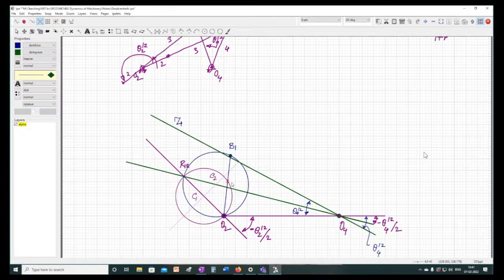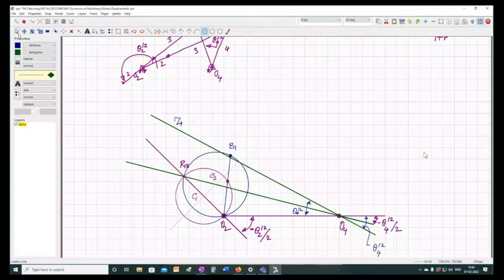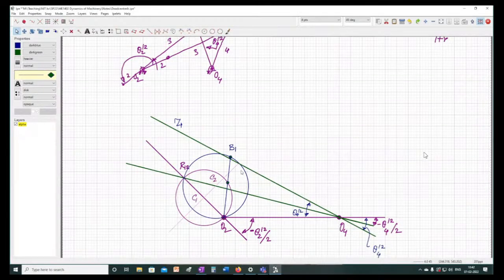Point A is here. Okay, so this point is O2, this point is A1, and this point is B1.